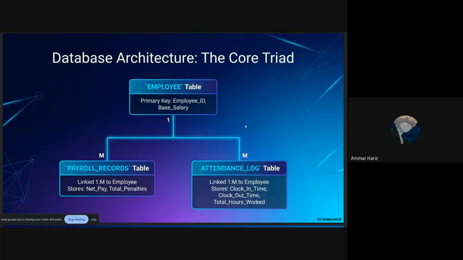This table has a one-to-many relationship with the payroll records table, which stores the calculated net pay and total penalties for each pay cycle. The employee table also links in a one-to-many relationship to the attendance log table, which logs the daily clock in time, clock out time, and calculates the total hours worked.